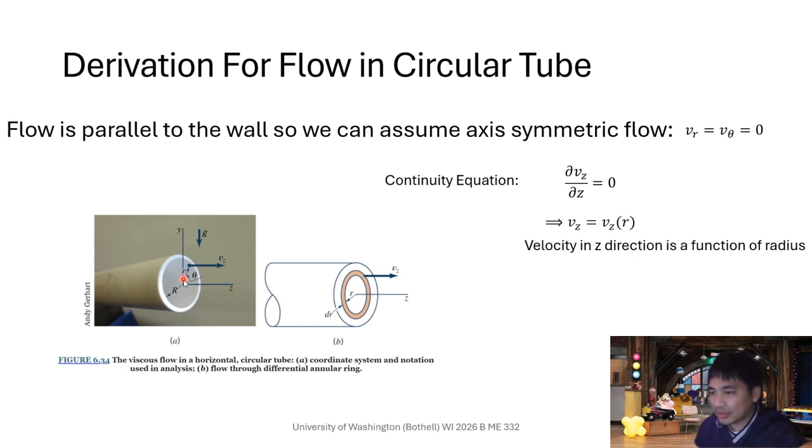Then we have our z and y directions, and gravity is going down. Here, the viscous flow is horizontal in the circular tube, so flow is only going in the horizontal direction. The tube is not up and down. Then B is flow through the differential annular ring. This will be used later, when you have something in the middle of your tube and your flow is just that orange part there.